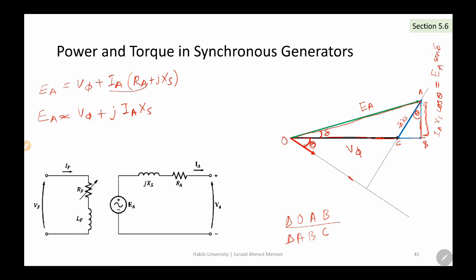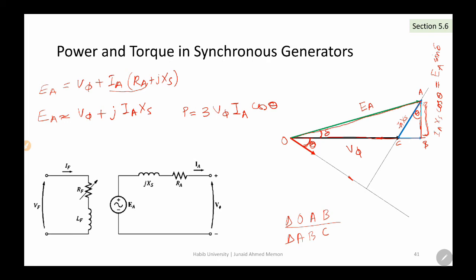Okay, so let's see what the power is in a three phase circuit. We know that the power is equal to 3 times V phase and I phase, which in this case is IA cos theta.